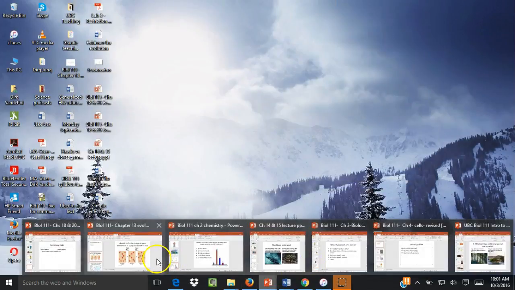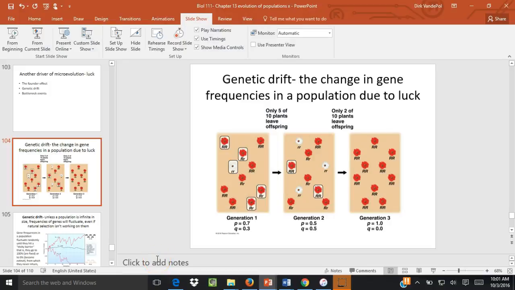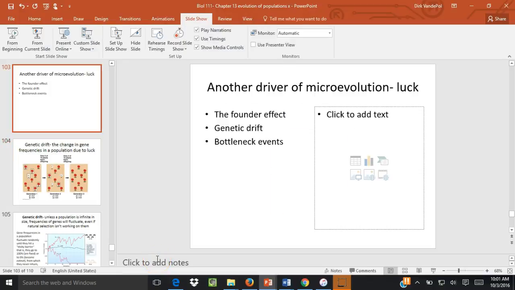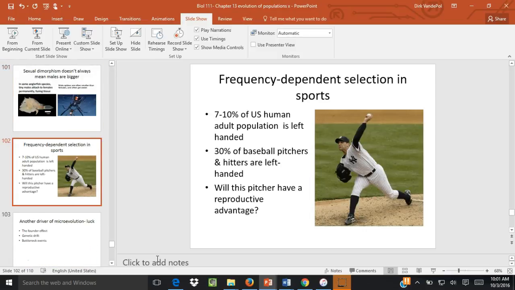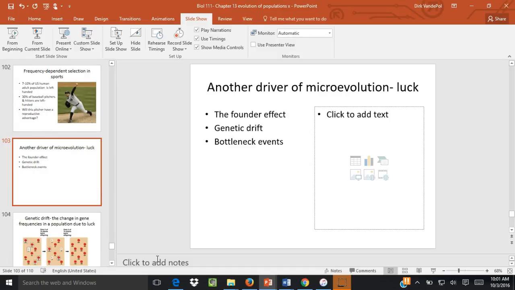Sorry. Okay, so genetic drift. We talked about different mechanisms of evolution besides natural selection. We talked about artificial selection, sexual selection, intrasexual selection, intersexual selection, frequency-dependent selection, and I can't remember what else.